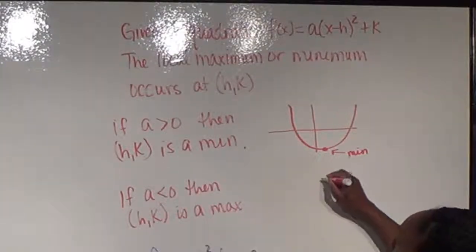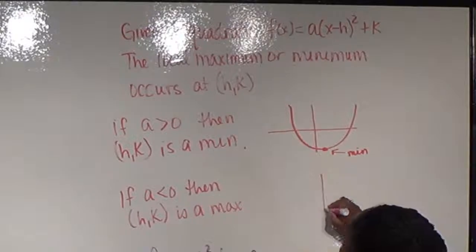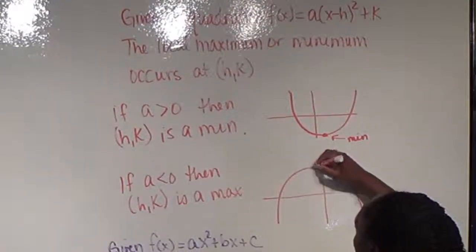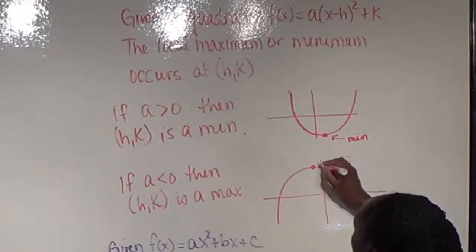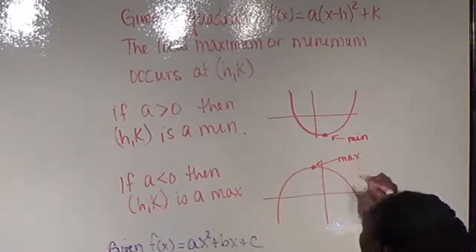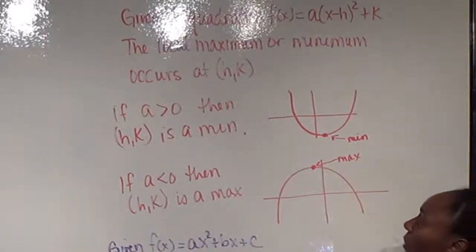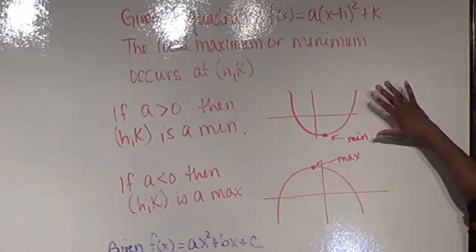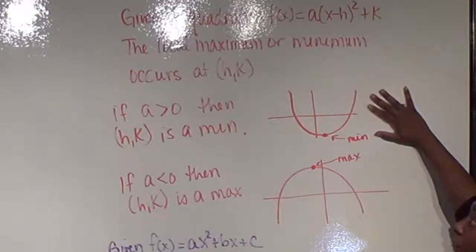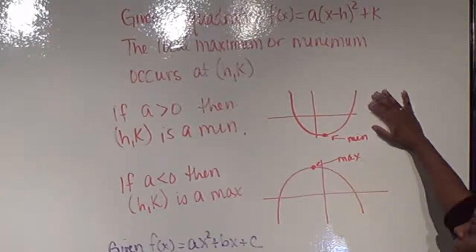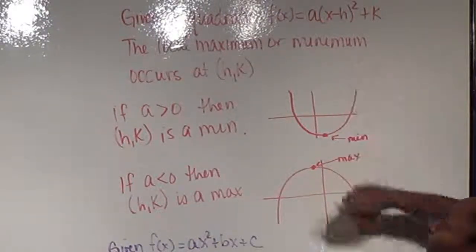Okay? If a is less than 0, then I get just the opposite. It's going to be opening downward, and this becomes our local max. Now, one of the things to make note of here is if I am looking at an upwards parabola, or a parabola where my a is greater than 0, there is no maximum for this because, as we saw before, our range goes to infinity.